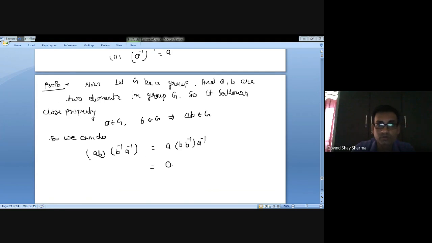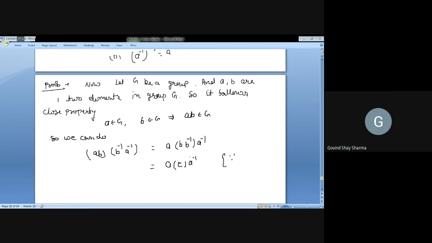So A B B inverse is equal to the identity element because B belongs to G implies B inverse also belongs to G.